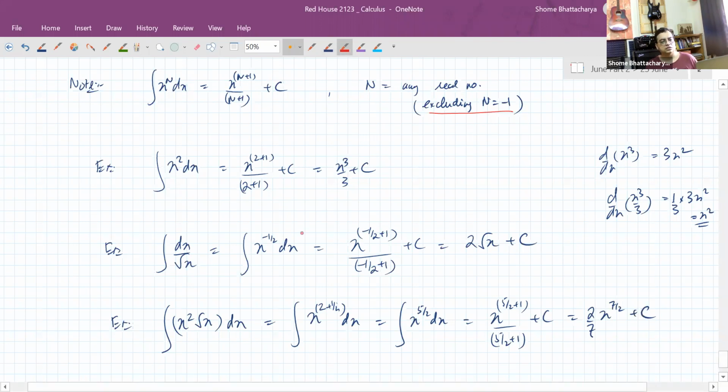So this is the integration step. We'll discuss next about what happens if n is equal to -1. But these are basic examples of any real number values of n other than -1.